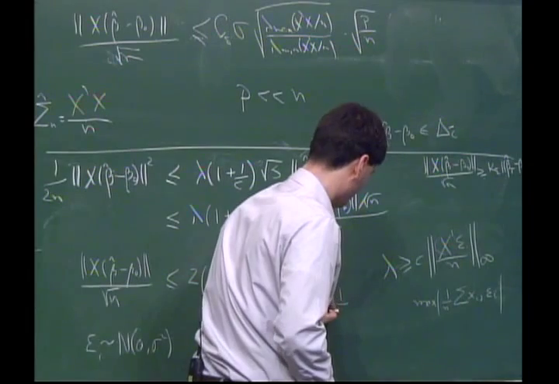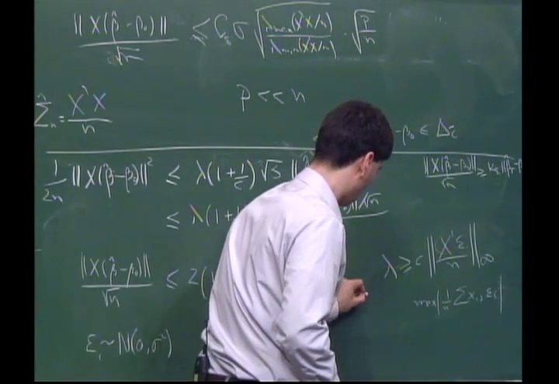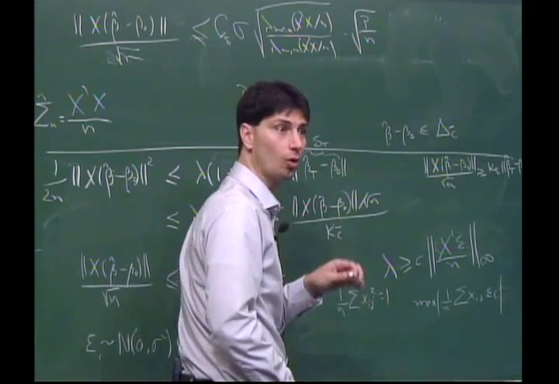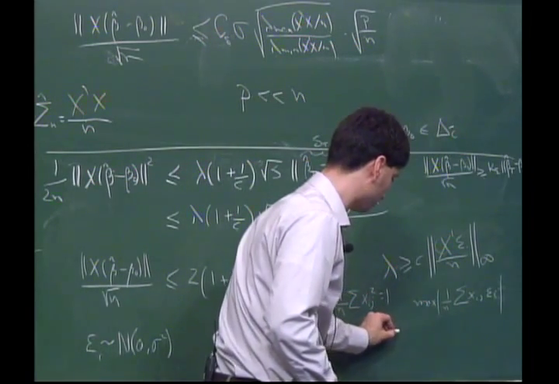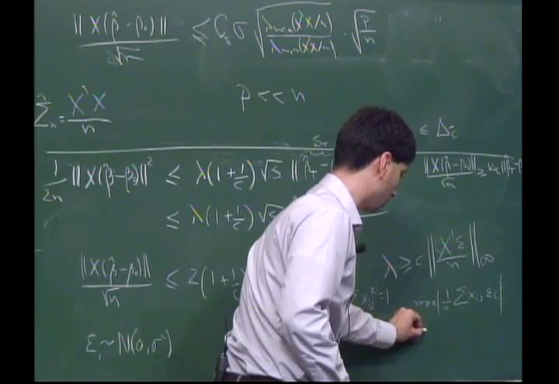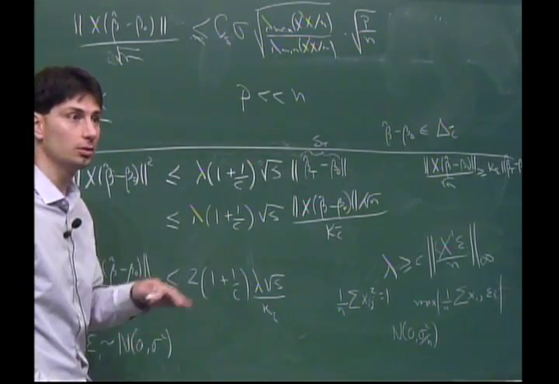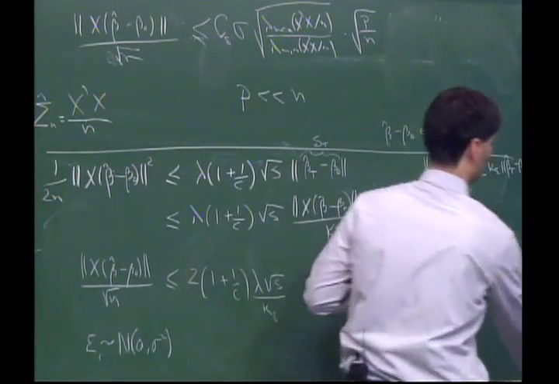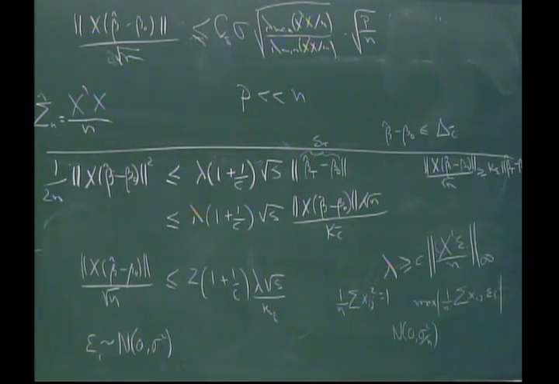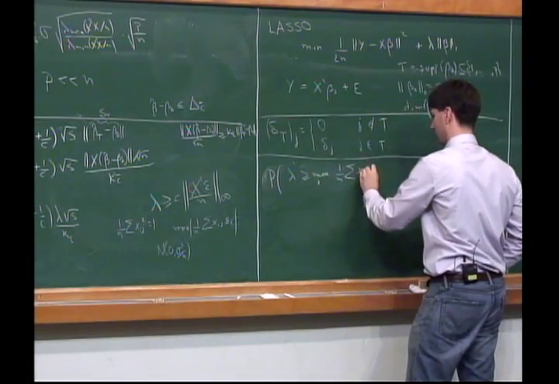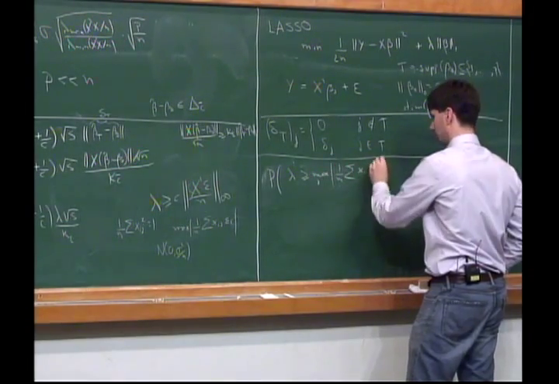Now, a typical assumption that people use is that the columns are normalized so that this equals 1. So each row actually is a normal with 0 mean and variance sigma squared over n. So by a union bound, you are taking the maximum of those. So we want to find lambda that's bigger than the maximum over j of 1 over n summation xij epsilon i.